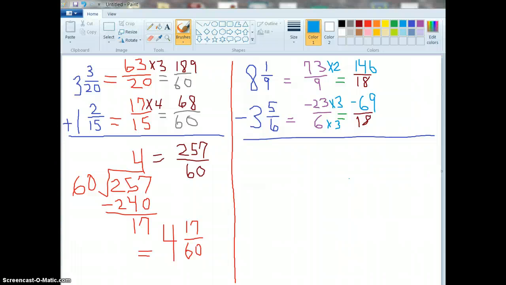However, in a separate video, if you prefer borrowing, I will show you how to use that particular method. So now we can subtract, and we end up with 77 over 18.